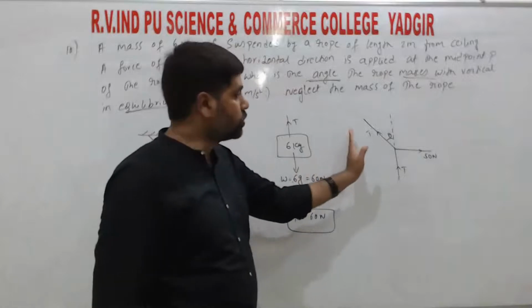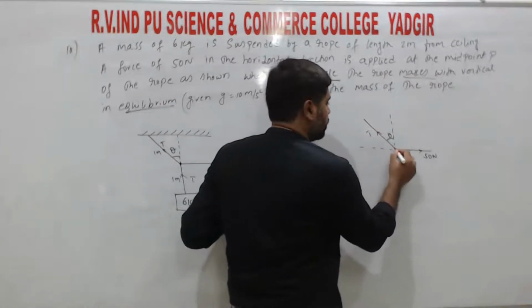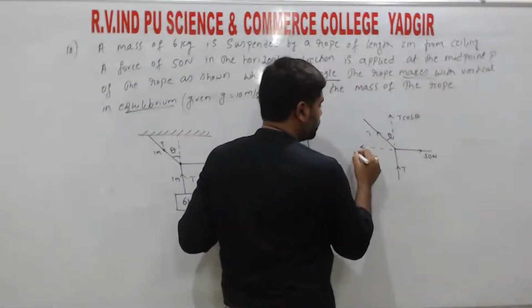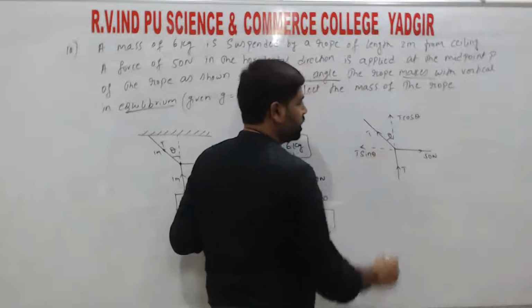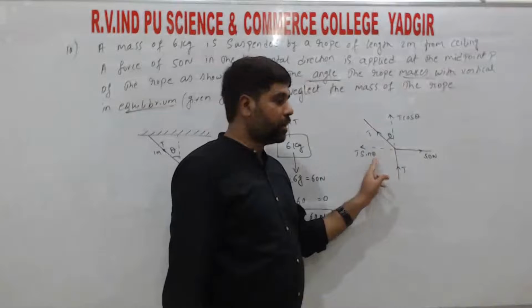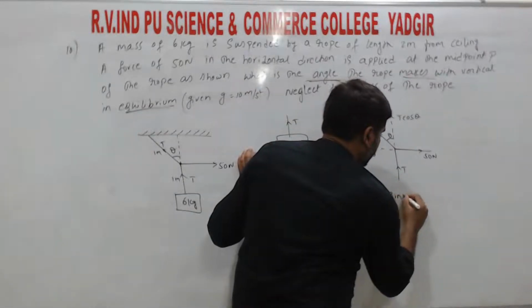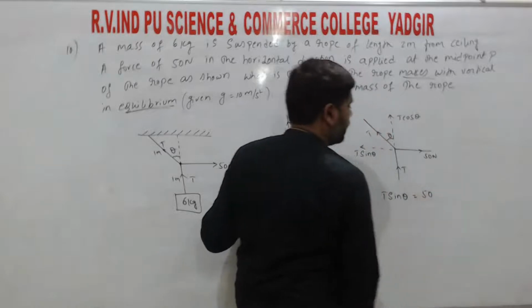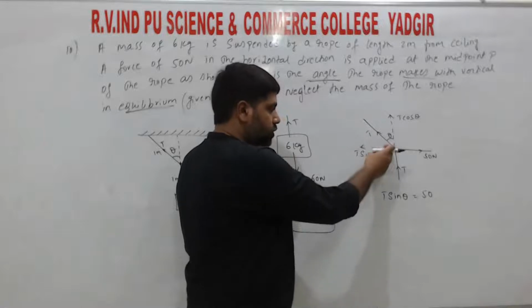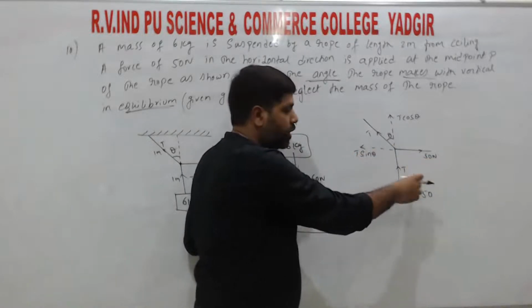Now resolving this into vertical and horizontal components, this becomes T cos theta and this becomes T sin theta, right? We need the angle. Along the horizontal we are considering the forces.